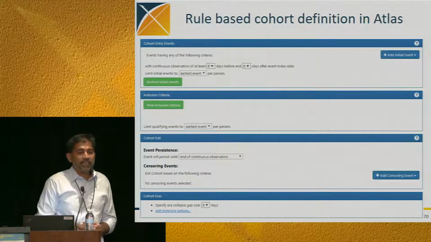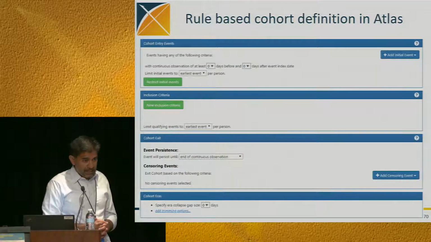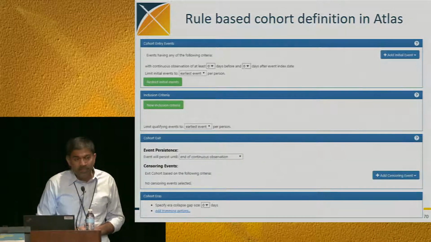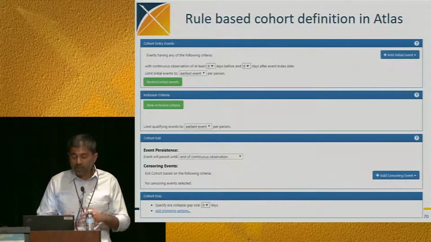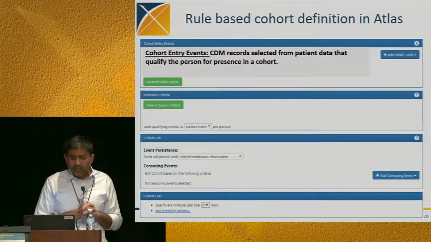So if you are studying angina, or if you are studying people on a certain drug, you will have to put in certain rules for the cohort entry. Then you may want to say, I have some additional criteria that goes into the inclusion criteria. So let's formalize this a little bit.